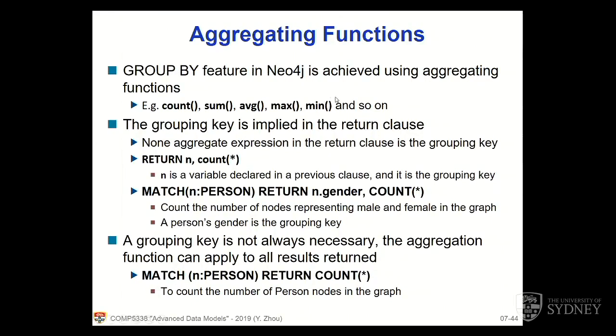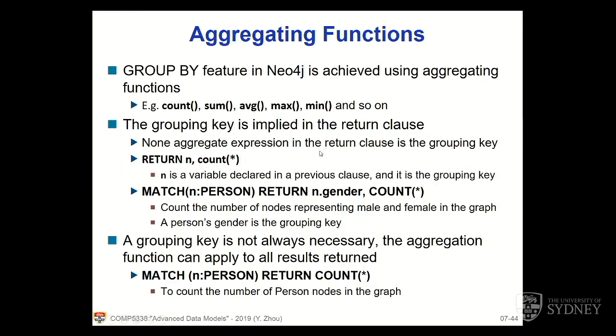And we can write a clause to do the group by, and then return a count or sum or average. Okay, so how do we indicate the grouping key? Group by is like by something, right? So this is kind of implied in the return clause. It takes a bit of understanding to figure out how to write it.